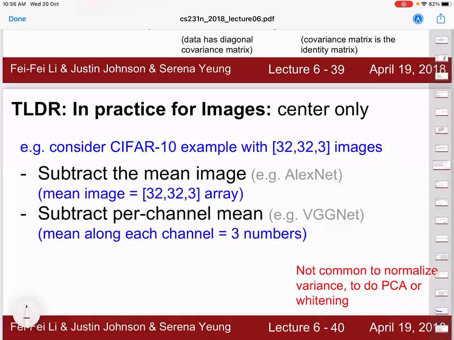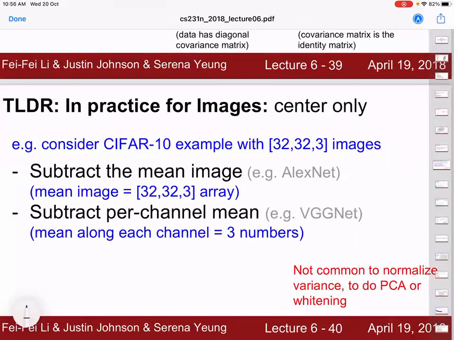If we have CIFAR data, as you know, it has 32 cross 32 cross 3 images, and assume there are 10,000 images here. For all 10,000 images, we first find the mean image, and then subtract the mean image from the images. That's one kind of demeaning for the whole data.